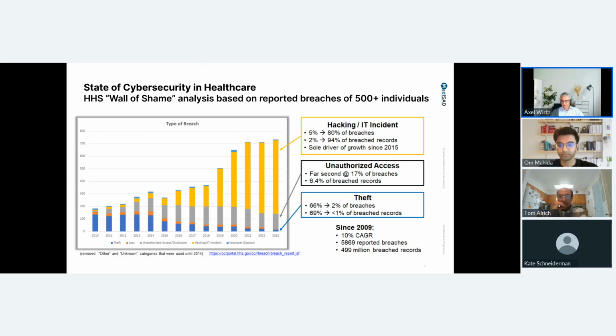So clearly worrisome trends. We are not progressing as fast as we should. And we have now seen almost 6,000 breaches reported across the healthcare industry, and almost 500 million patient records being breached. So those are some staggering numbers.